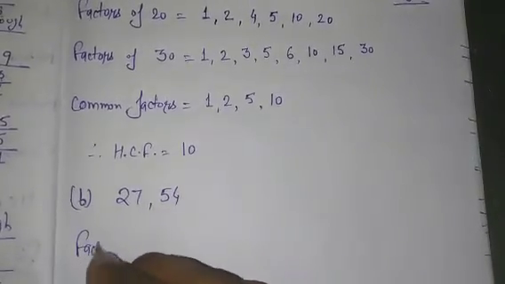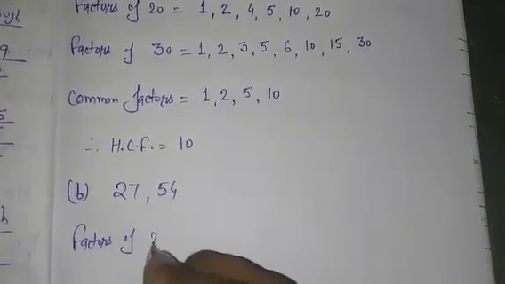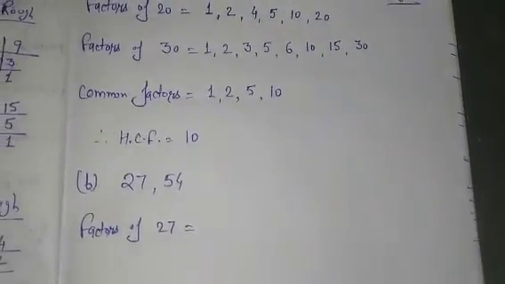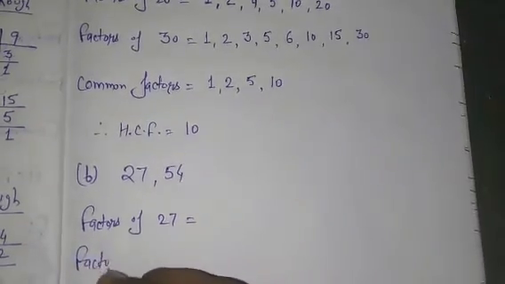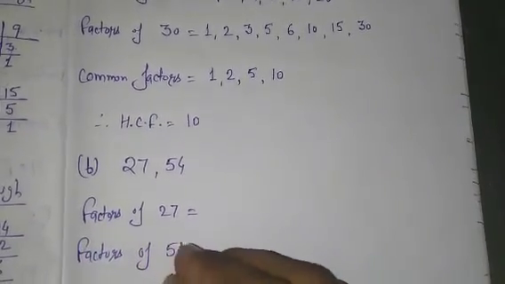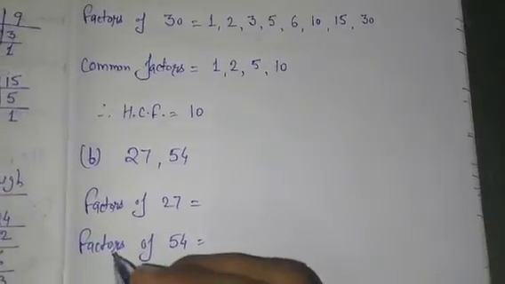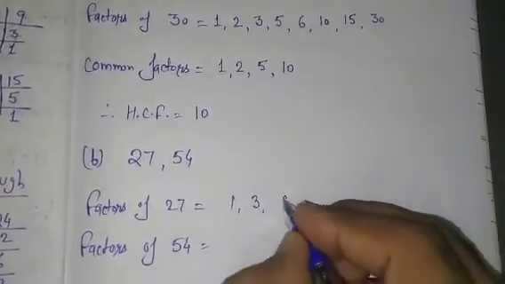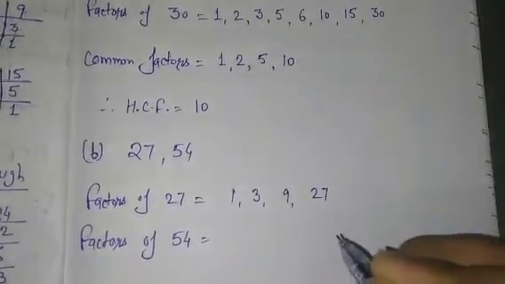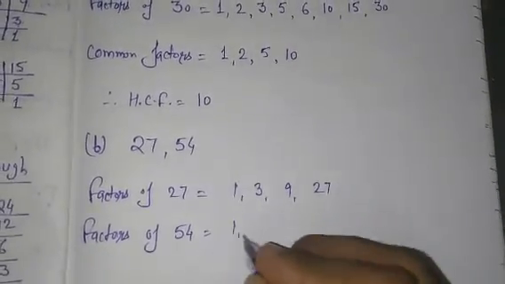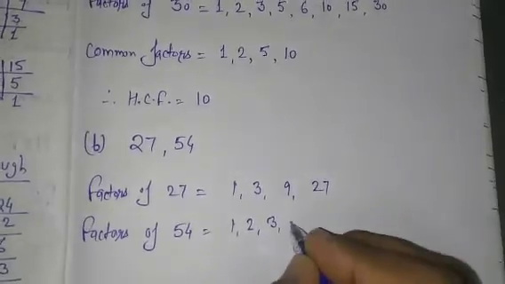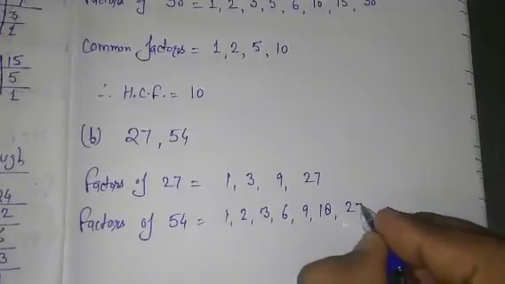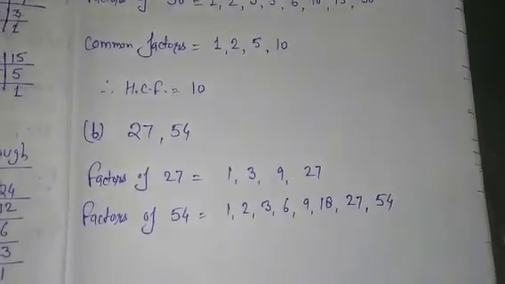Now the B part of question number 3 has been given: 27 and 54. So you will find the factors of 27 firstly, then after that the factors of 54. Factors of 27 are 1, 3, 9 and 27. And factors of 54 are 1, 2, 3, 6, 9, 18, 27 and 54.